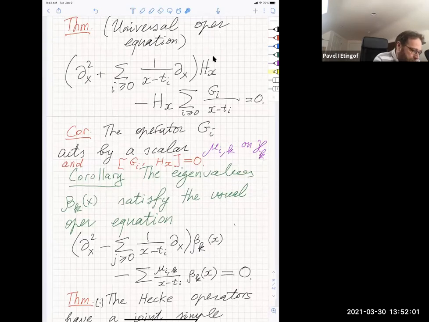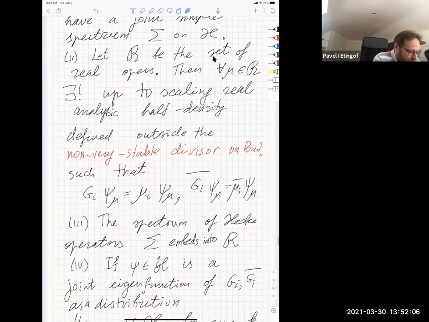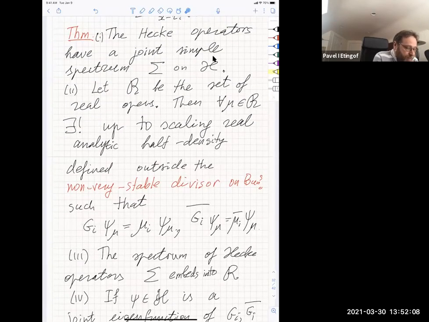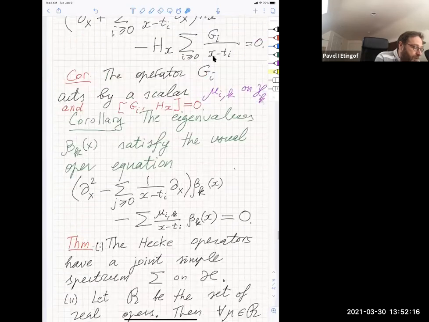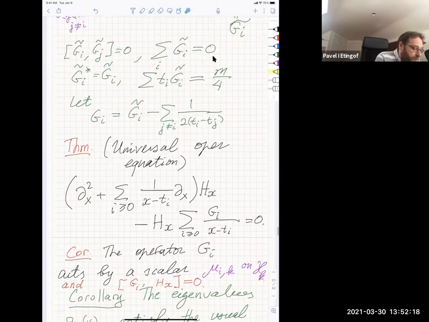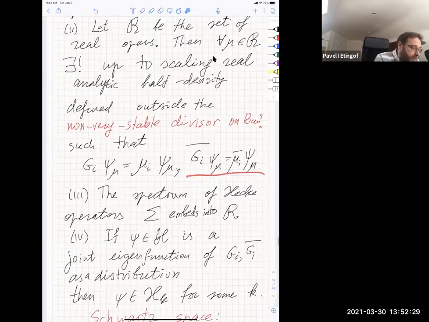But outside that divisor, they're analytic, and over complex numbers they will satisfy these differential equations, which say it is an eigenfunction for the Gaudin operators and also the complex conjugate Gaudin operators.